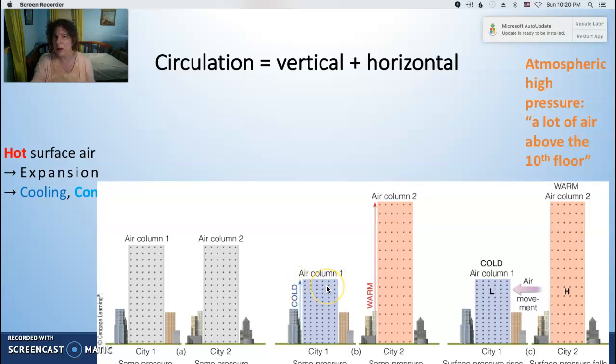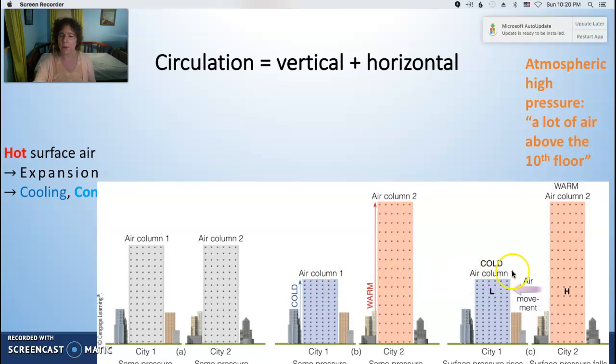So we can say that there is a high atmospheric pressure area on the 10th floor in the warm building, and there is a low pressure in the atmosphere in the cold building when we're in there.